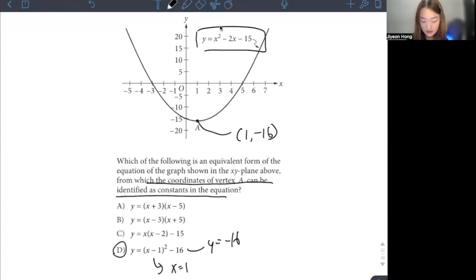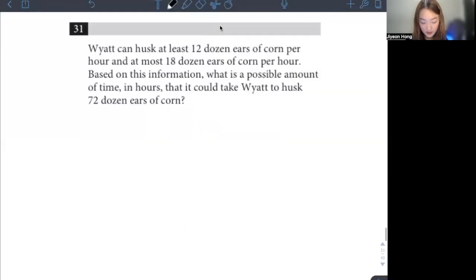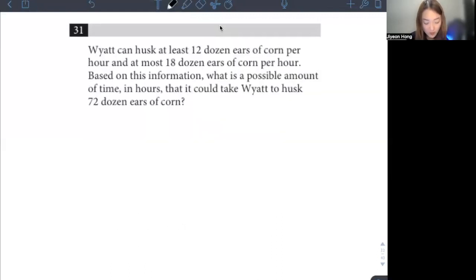All right. Number 31. Wyatt can husk at least 12 dozen ears of corn per hour and at most 18 dozen ears of corn per hour. Based on the information, what is a possible amount of time in hours that it could take for Wyatt to husk 72 dozen ears of corn?